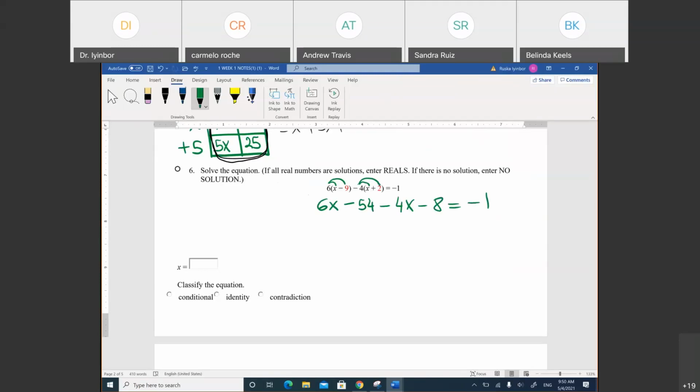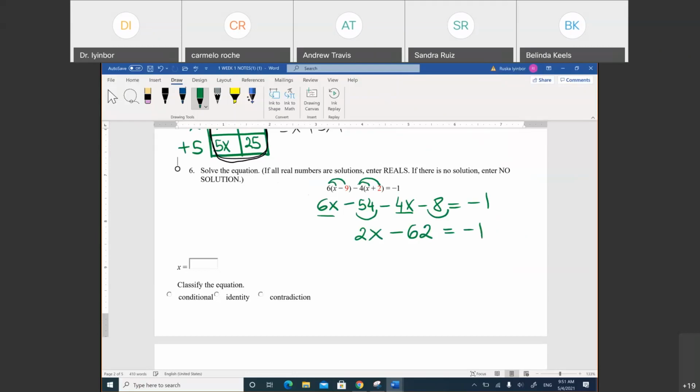Then I'm going to add the x's and x's first, and number with number. So 6x minus 4x is 2x. And negative 54 and negative 8 is going to be negative 62, right?